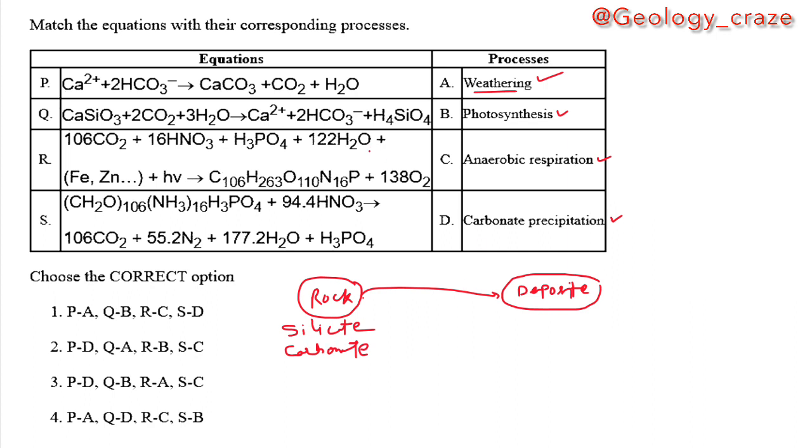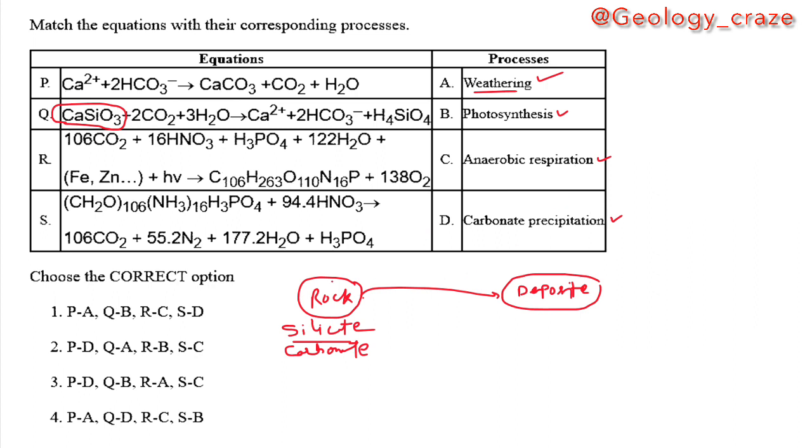If we look at the options, we need a silicate mineral to break a rock. So here we have CaSiO3.